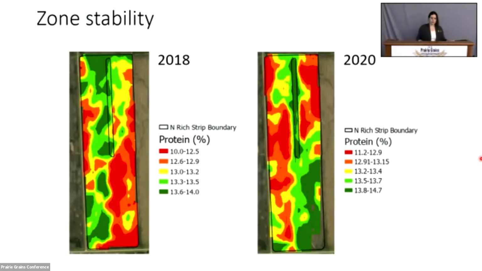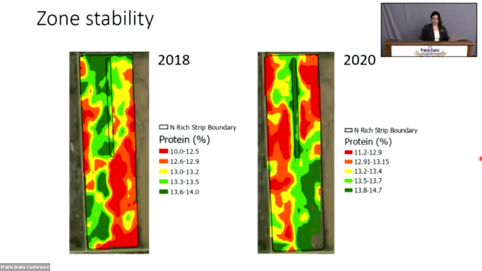In 2018, the enriched strip really didn't show up, but in 2020, the enriched strip was very apparent in the protein map. And so that might have indicated that at least in that field, nitrogen may have been limiting protein, which isn't surprising this year.